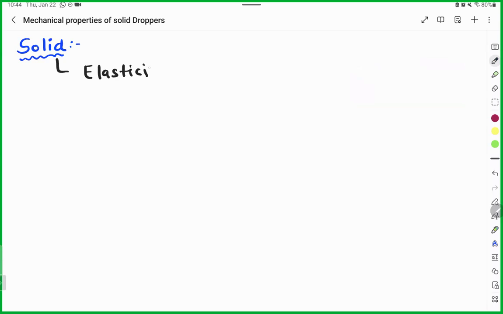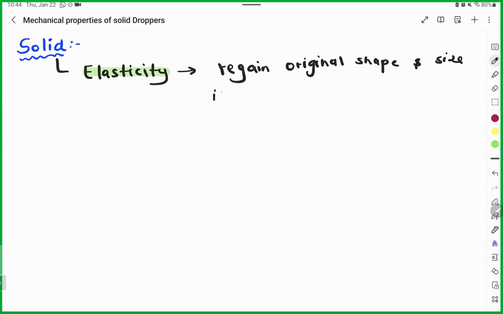Marinder, what is elasticity? When a body regains its original shape, not only shape, even size, if we remove the deforming force. Make sense?